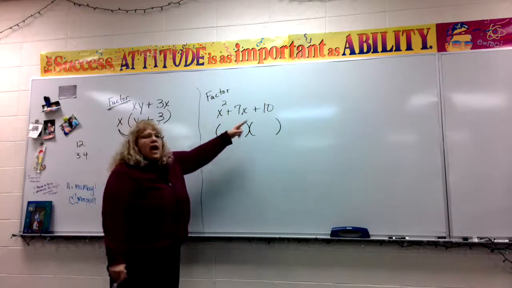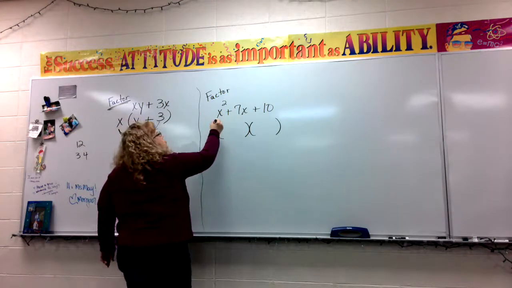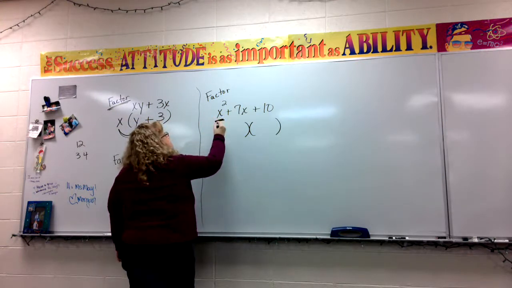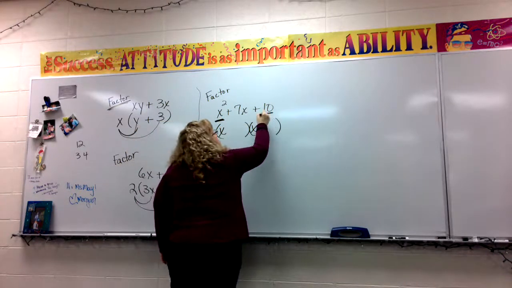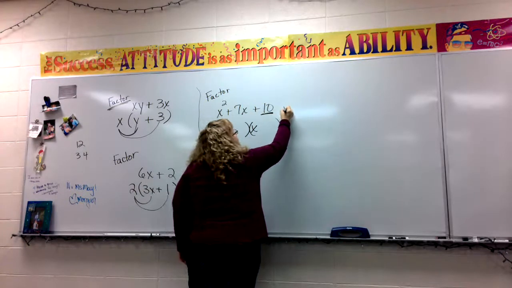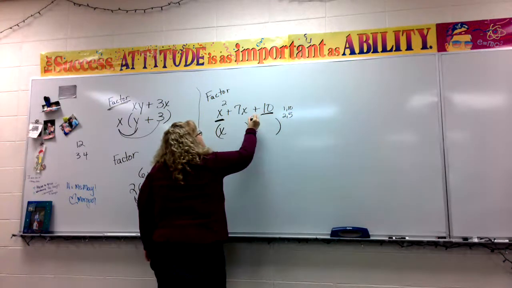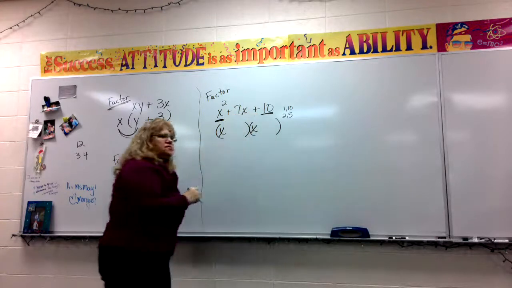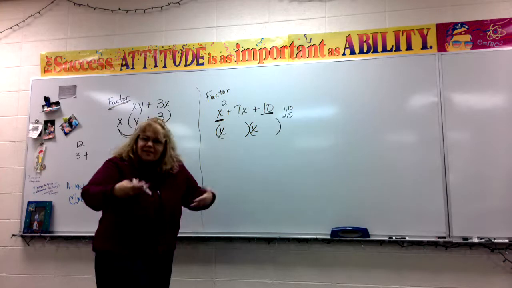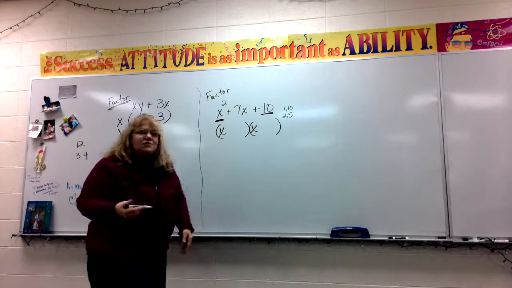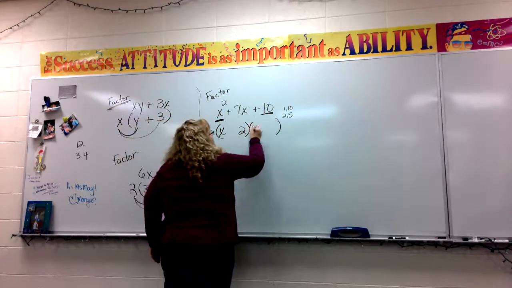So nothing in common, that's where we had to do the binomial. What times what gives you x squared? X times x. What times what gives you 10? Well, it could be 1 and 10, could be 2 and 5. I need the combination that would add to 7. 2 and 5.